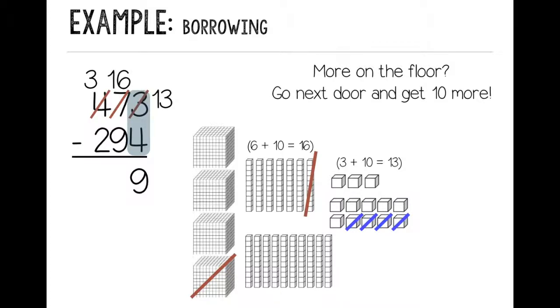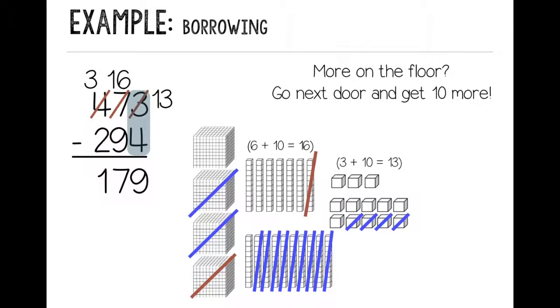Then I subtract 16 minus 9, and that leaves me with 7 tens. Then I move to my hundreds place, 3 minus 2, that's more on top, no need to stop. So I take away 2 hundreds, and that leaves me with 100. So I get a difference of 179.